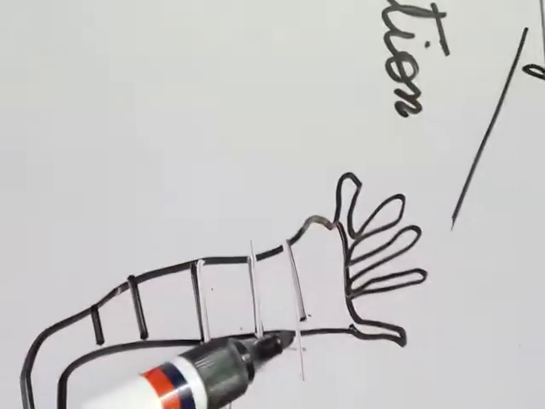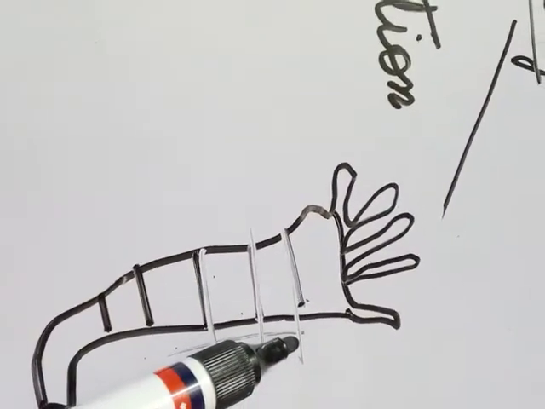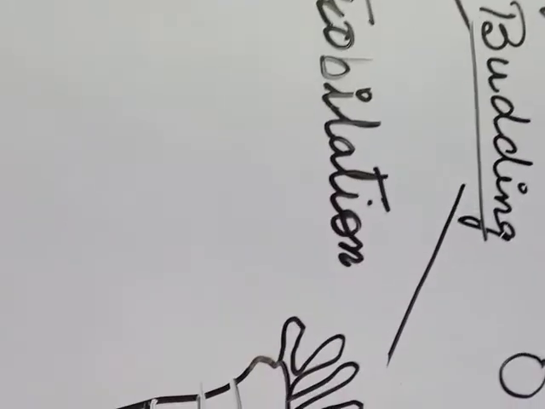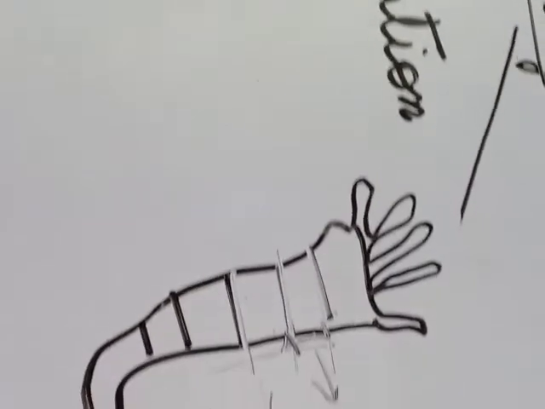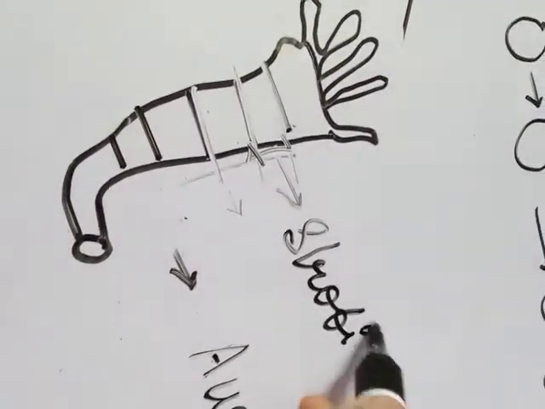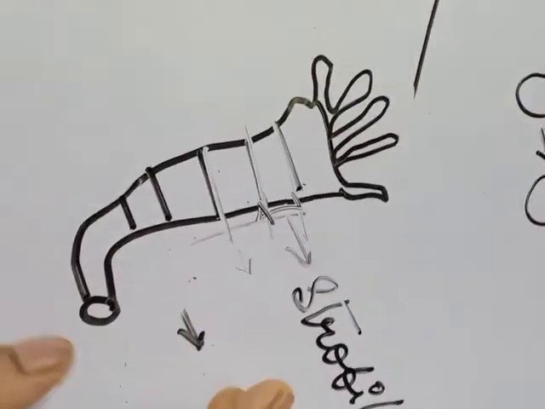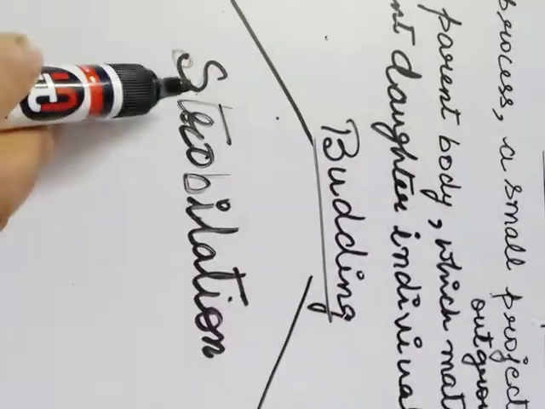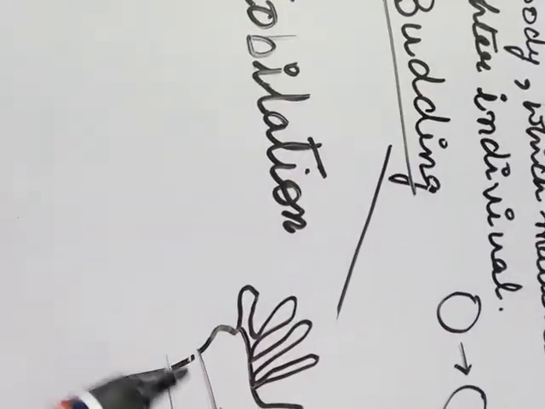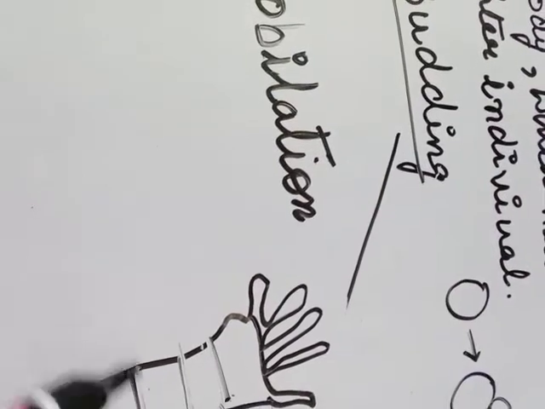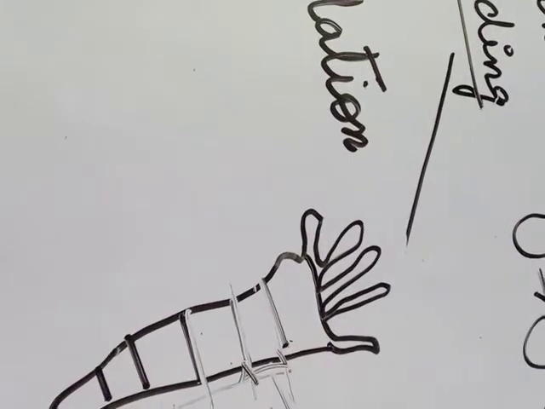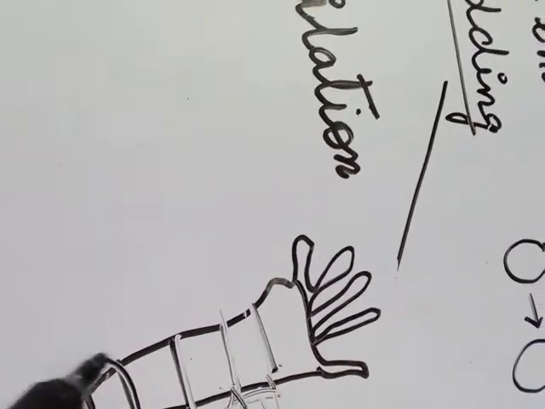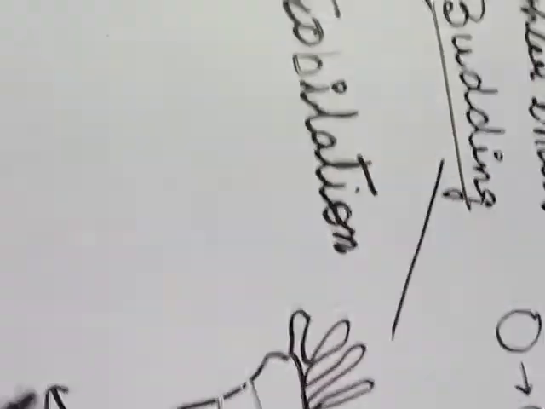These segmented bodies are called strobila and the process is known as strobilation, where there is repeated segmentation and each segment is also known as ephyra, wherein one ephyra leads to the formation of one individual daughter cell.